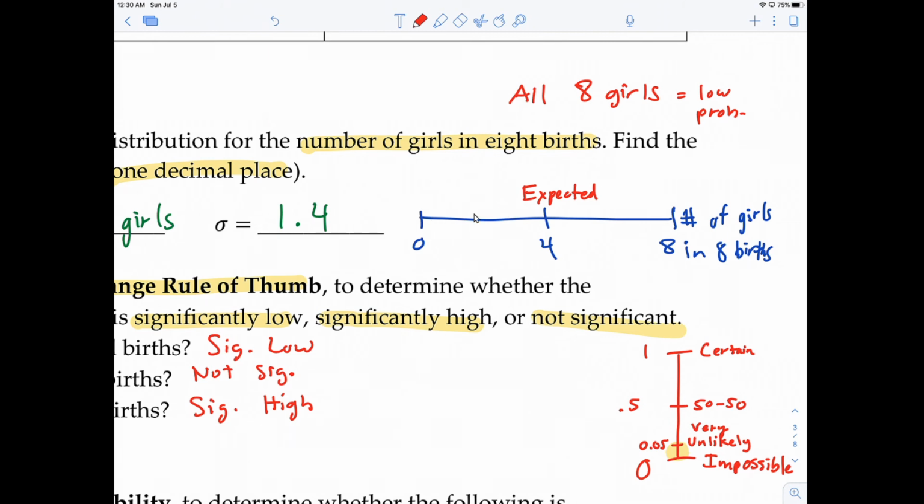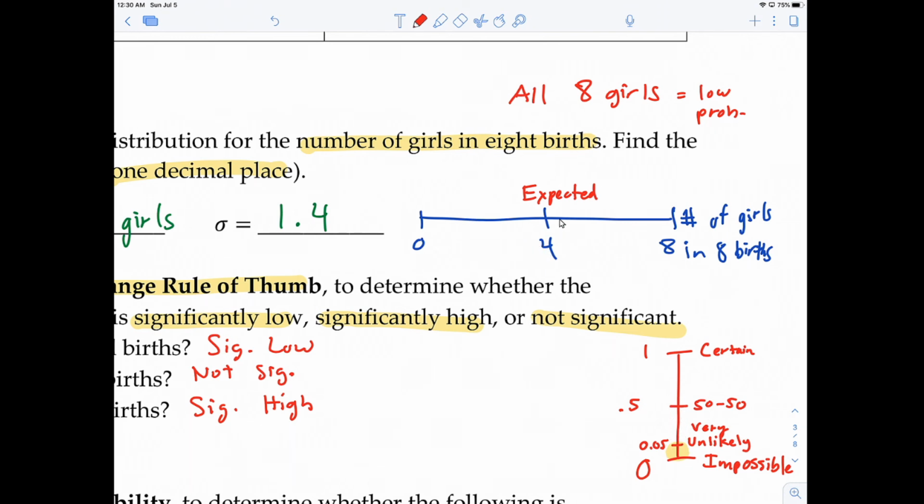So what happens as I move away from 4 going to the left? What's the probability of 2 girls out of 8 births? Would that probability be less than 0.5? Probably, right?